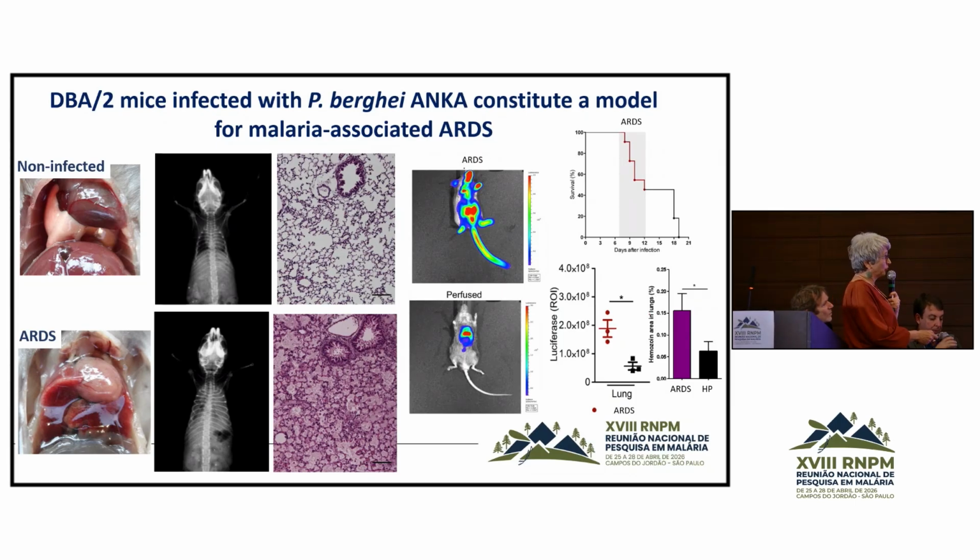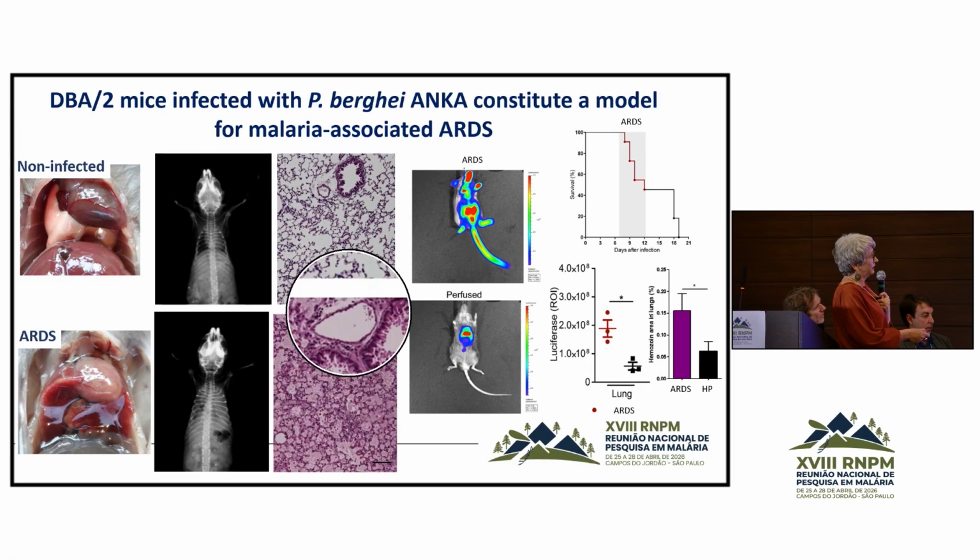So besides the inflammatory process, we have this diffuse edema with hemorrhage areas, and this swelling is one of the marks of respiratory disease and one of the causes that will take the animal to hypoxemia and death.